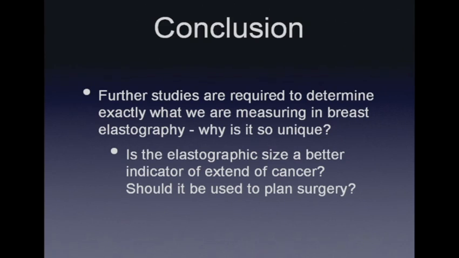And again, it seems that breast lesions are the only lesions that show us this change in size on the elastography. And I think it's still unclear if the elastography size is a better indicator of the extent of cancer, and whether we should be using that size to plan surgery.